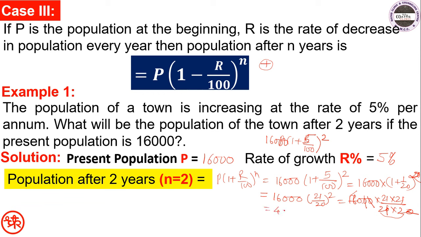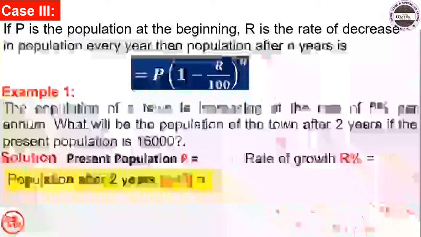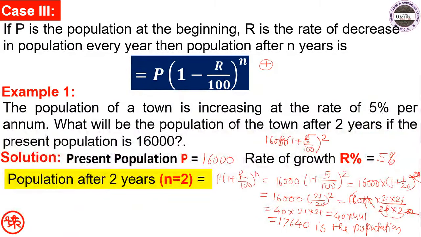So it is equal to 40 into 21 into 21, that is 40 into 441, which is equal to 17,640. 17,640 is the population after 2 years. Is that clear?